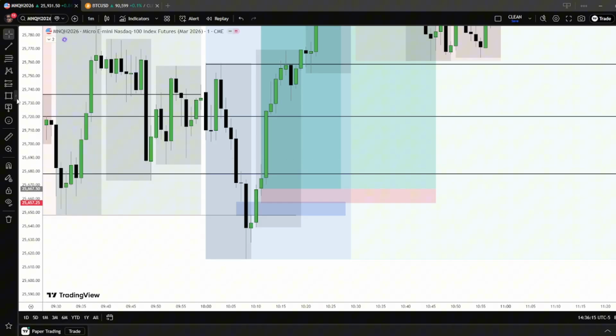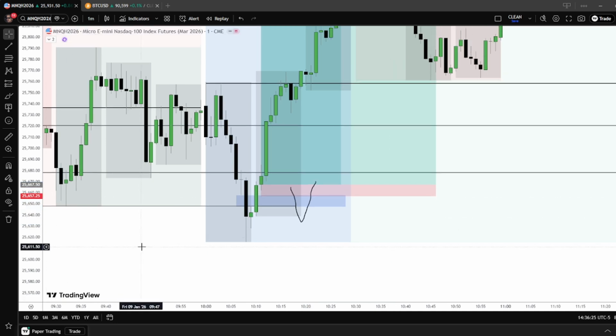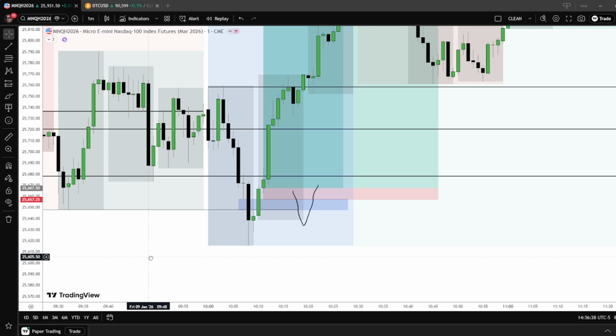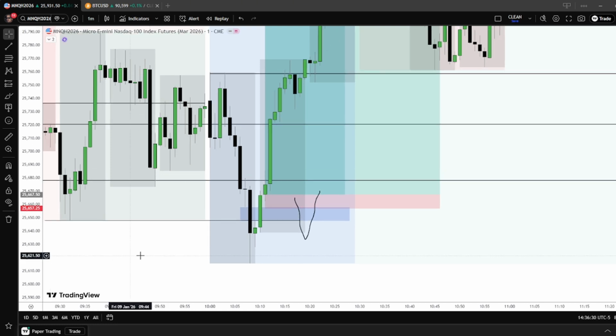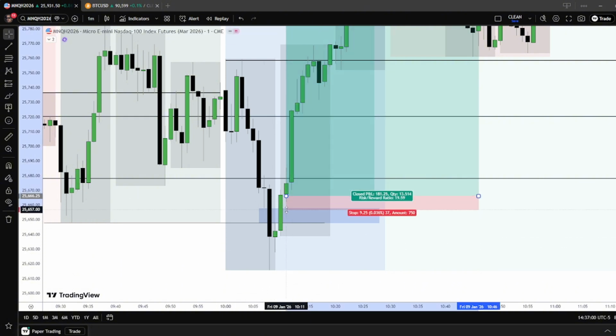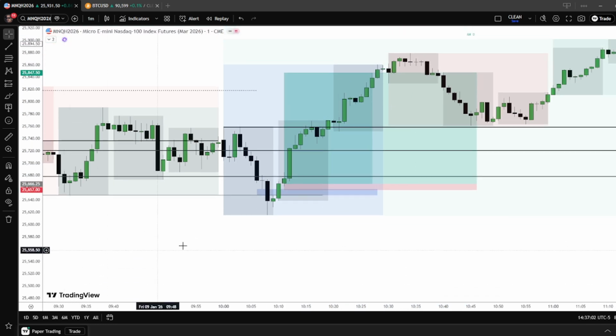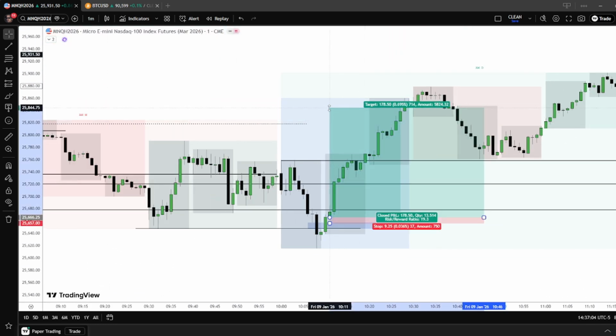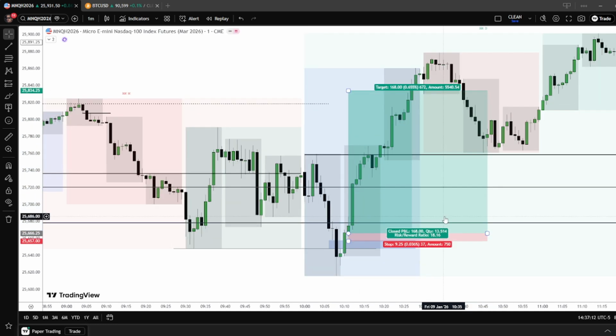The important thing to notice is the V-shape recovery. V-shape recovery is the strongest sign of a strong rejection, of a strong reversal going on. That's why you saw me going into the position right there with a stop loss right there. I closed the position around here, so it was 18 risk reward, right?